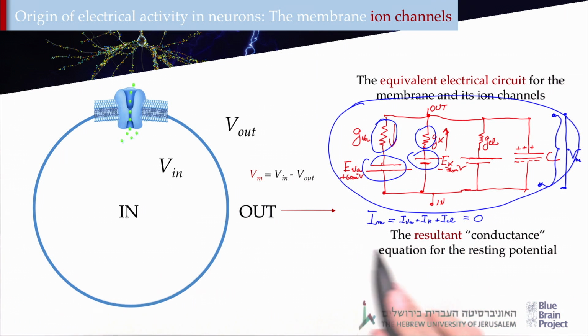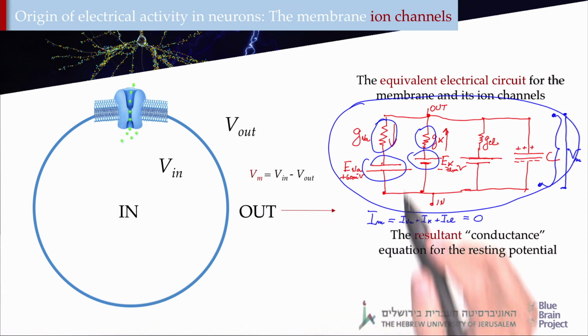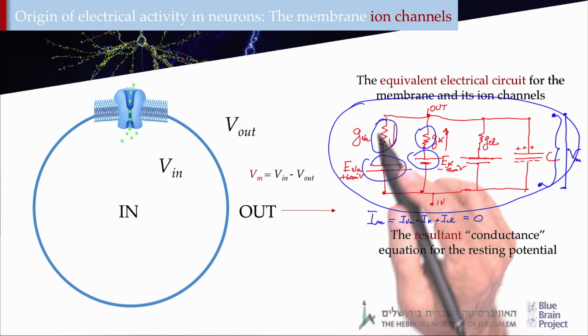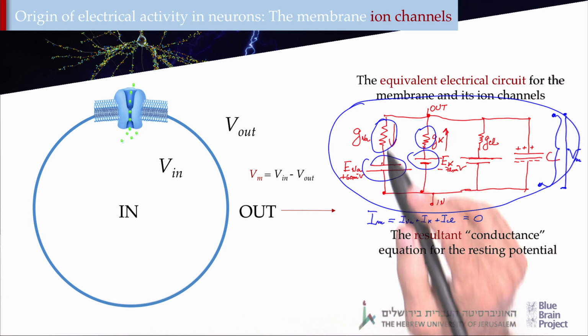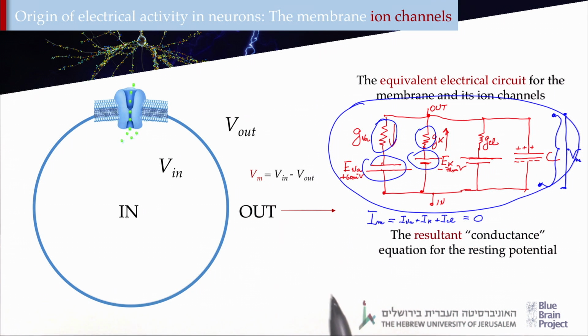So based on this equation, I'm writing now the conductance equation. One thing we have to remember, if I want to describe a current over this particular, let's say, sodium path, I'm doing the following. I'm writing now the current for the sodium equation.